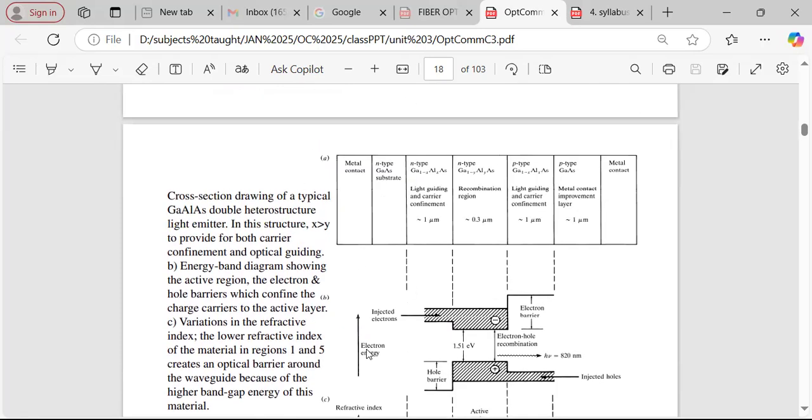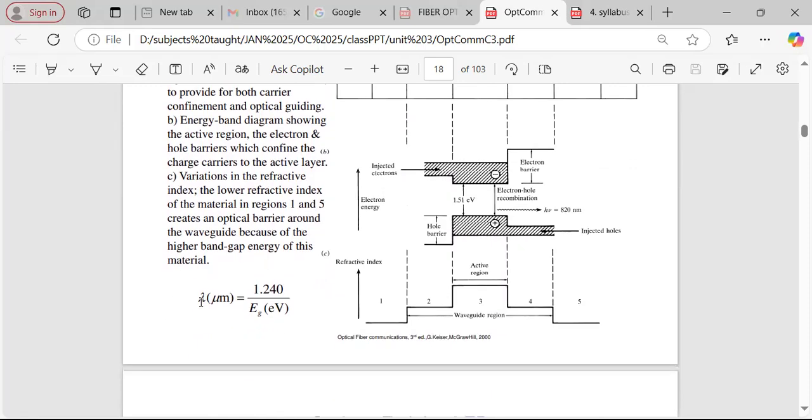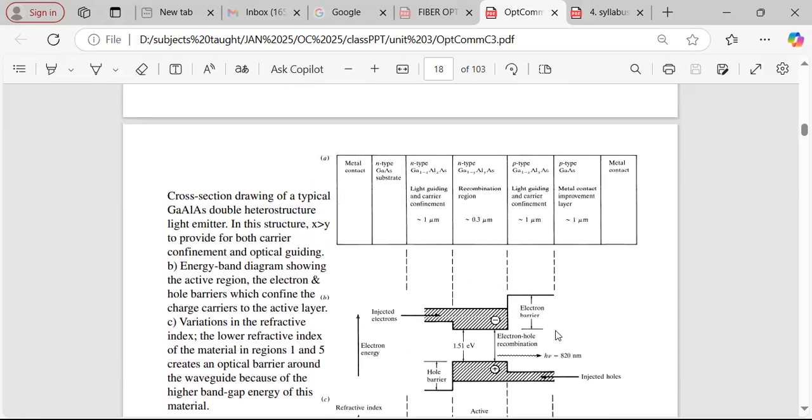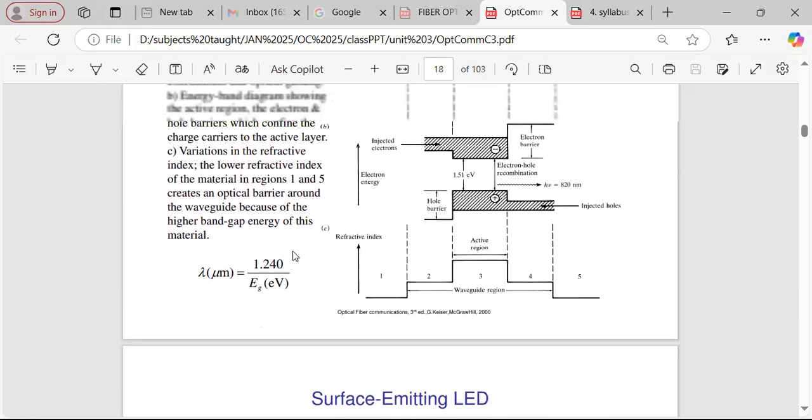So this is the structure of the heterogeneous LED. This formula, lambda in micrometers, shows the wavelength, and the wavelength of the emitted photon can be calculated as 1.240 divided by Eg in eV. This 1.240 is the product of hc, where h is the Planck constant and c is the velocity of light. In order to calculate the wavelength of the emitted photon, we use this formula.